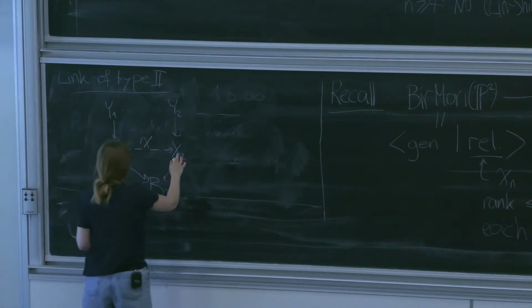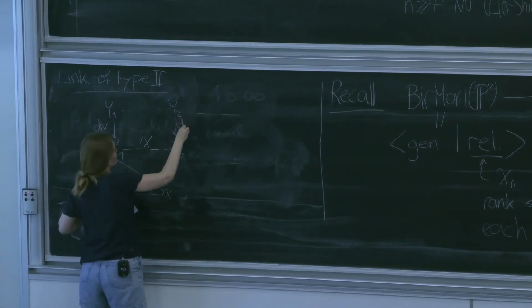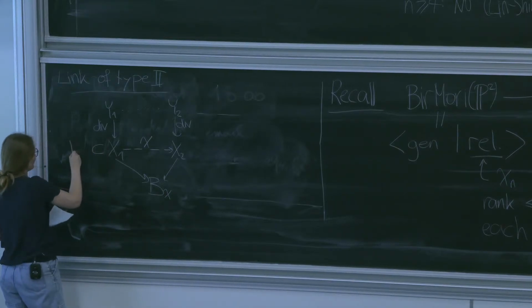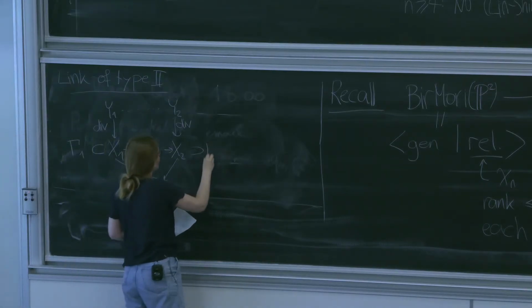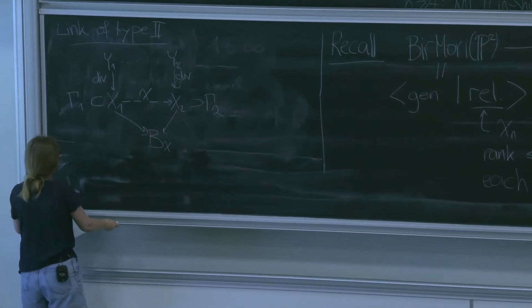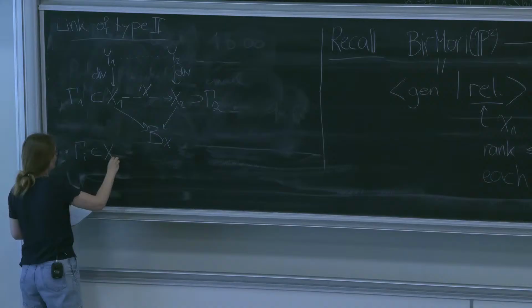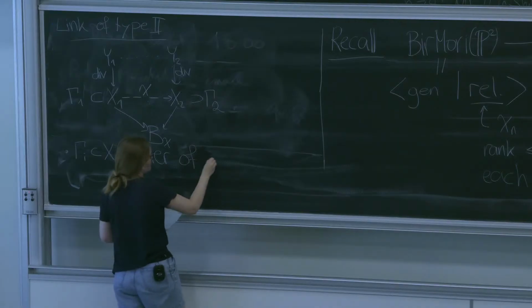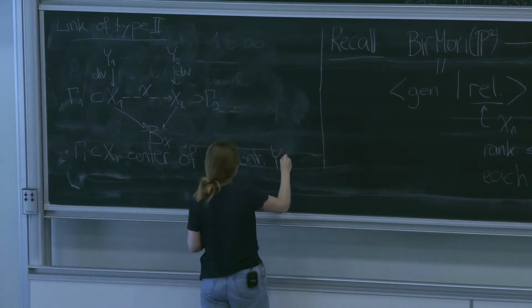Let me use some notation. Here we have divisorial contractions. Let me write Gamma 1 for the center of this contraction, and in here Gamma 2. So I have a Gamma i inside of Xi, the center of the divisorial contraction Yi to Xi.